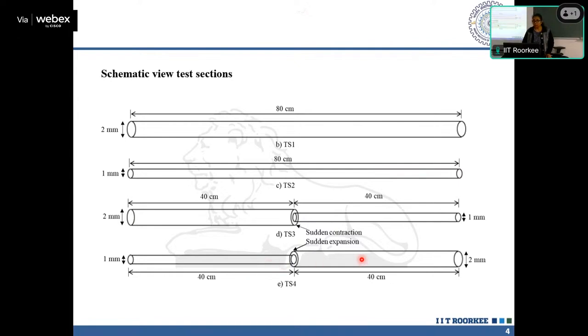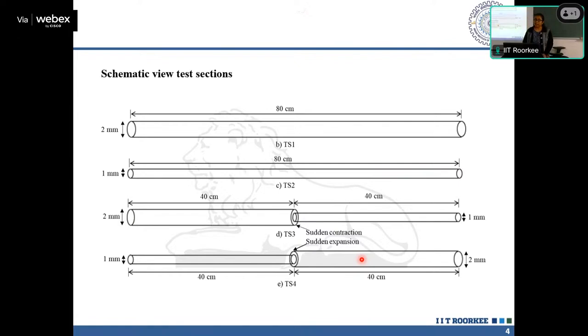The idea behind doing this is that, when we go back to the literature, we have seen that people have used multiple series of sudden area contraction and expansion in order to enhance mass transfer or mixing in miniature geometries.